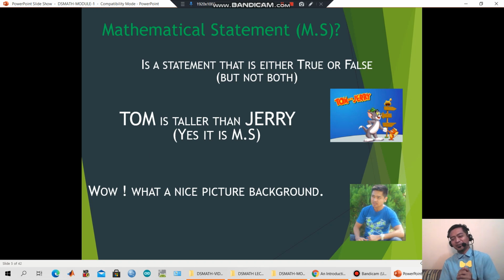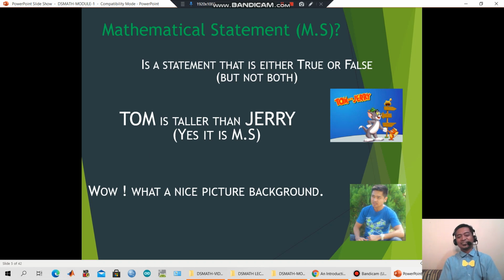Yan, nakabawi naman po yung mga kanina. Mali po tayo kasi ang statement na ito ay hindi masasagot ng true or false. We cannot give a truth value of true or false in there.